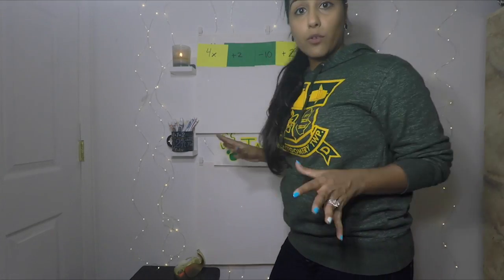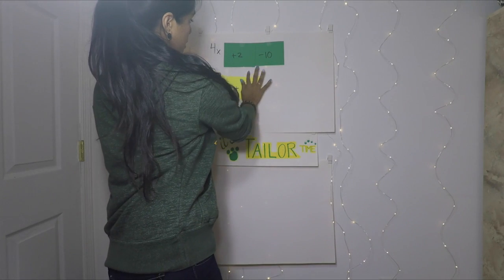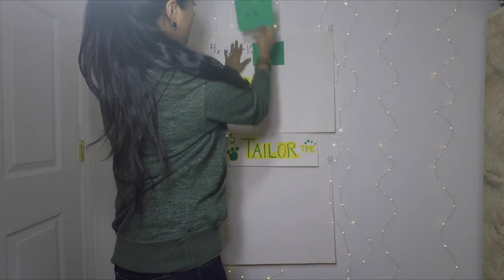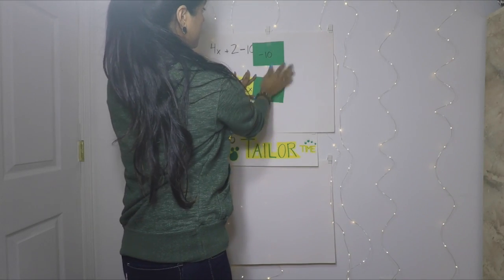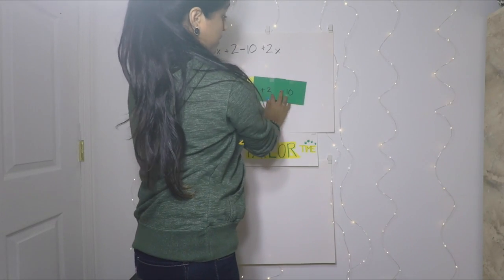So now we want to rearrange them so that we have our like terms together. And since mine are color coded, it's visually appealing, right? But as you listen to me, you know that all the like terms have the same last name, right? Plus 2x next to each other. And I'm going to put positive 2 and negative 10, or positive 2 minus 10, right?